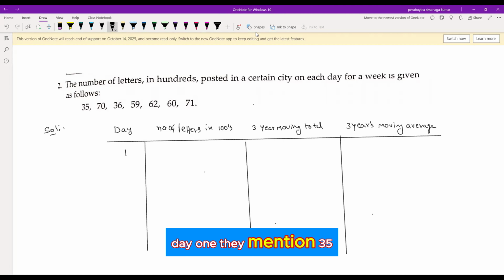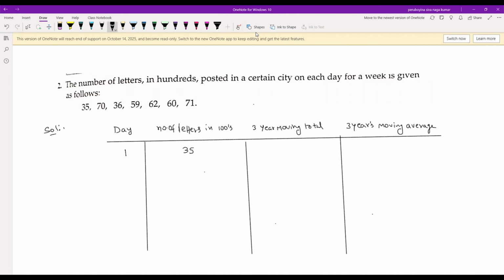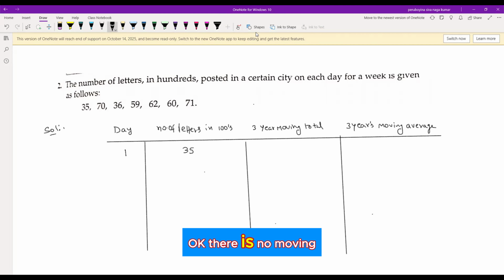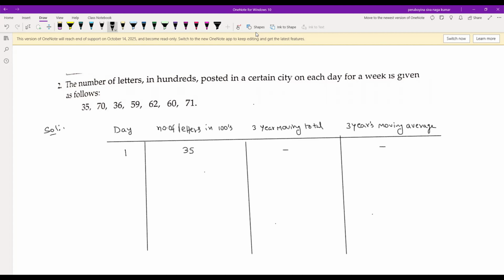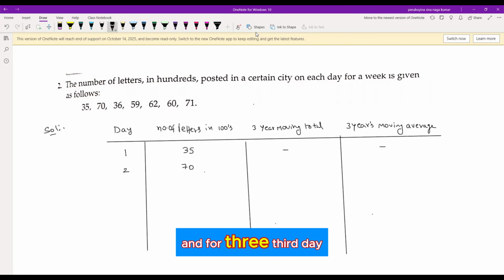Day 1 they mentioned 35. There is no moving total and moving average because 3 values are needed. And day 2 is 70. And for the third day, 36.